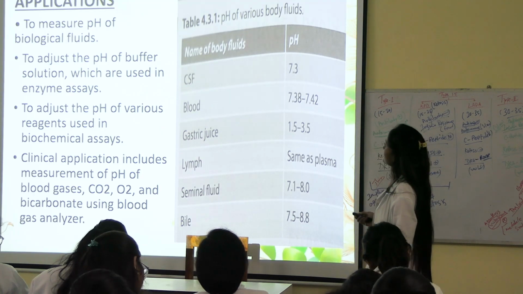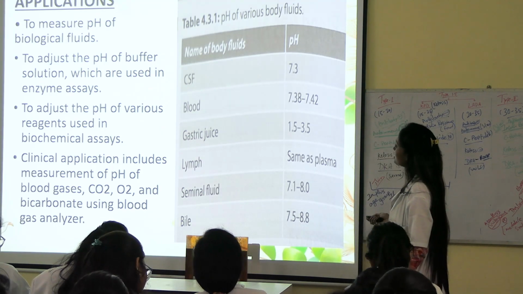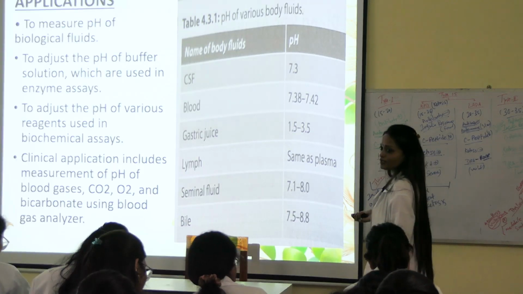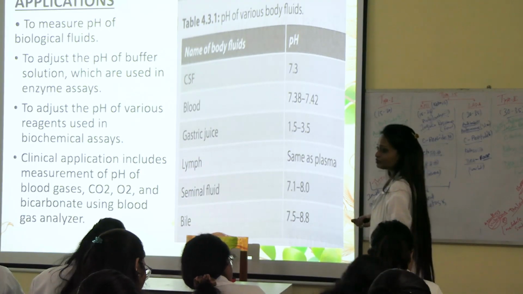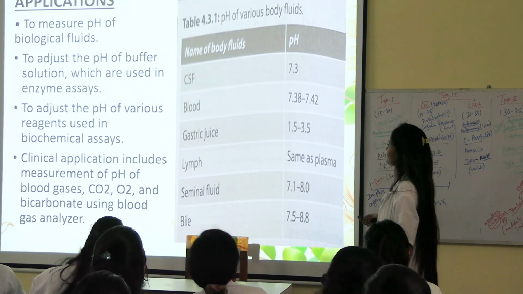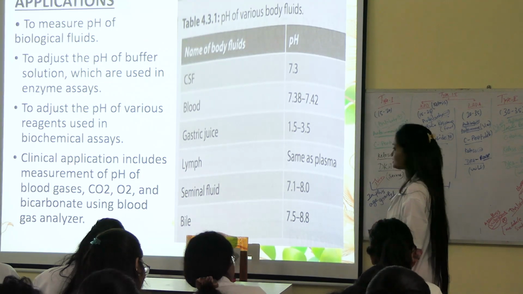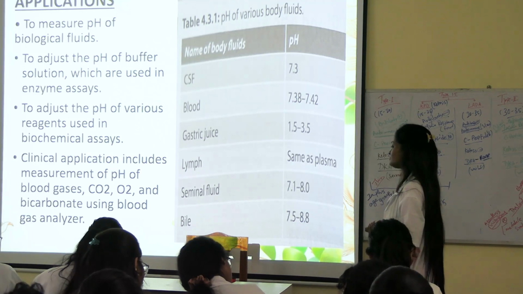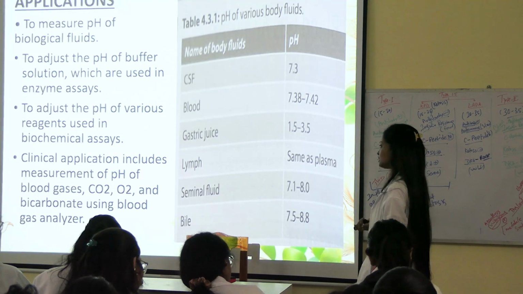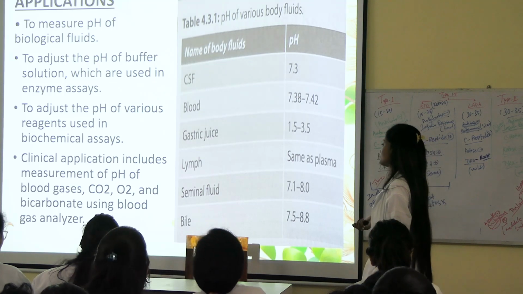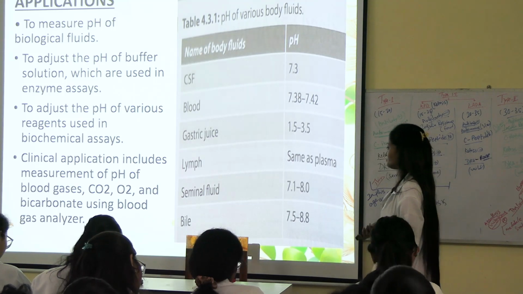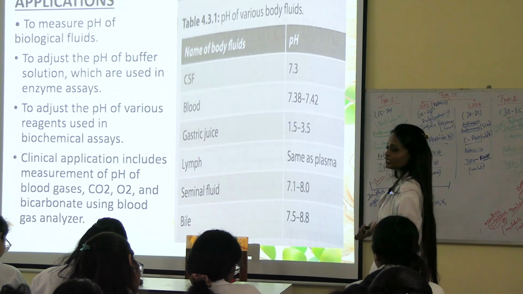There is a table: pH of various biological fluids are cerebrospinal fluid 7.3, blood pH 7.38 to 7.42, gastric juice pH 1.5 to 3.5, lymph same as plasma, seminal fluid 7.1 to 8.0, and bile pH 7.5 to 8.8.